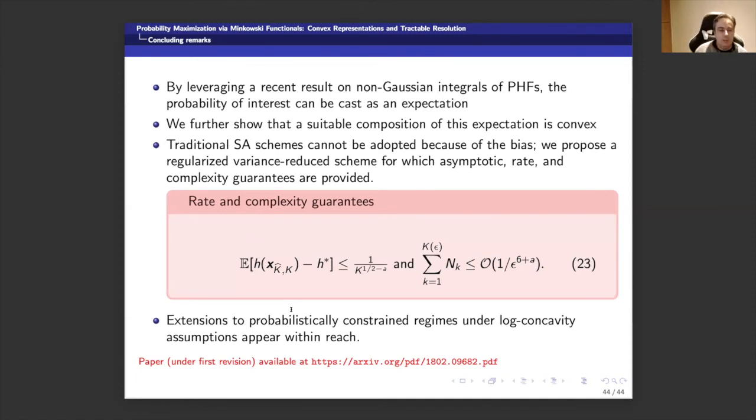But okay, if I understand properly, the results that you have shown are quite preliminary, in the sense that you have not tried many applications with your formulation.